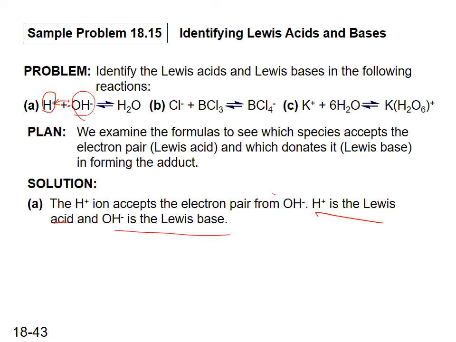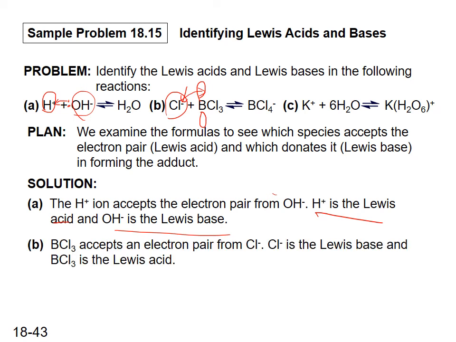Okay, look at the second one, boron. We already talked about that. Because boron has an empty p orbital, and the negatively charged chloride actually has 4 pairs of electrons, it donates 1 pair of electrons to this empty p orbital and forms a bond. So chloride ion is a Lewis base, donating an electron pair, and boron trichloride is a Lewis acid.